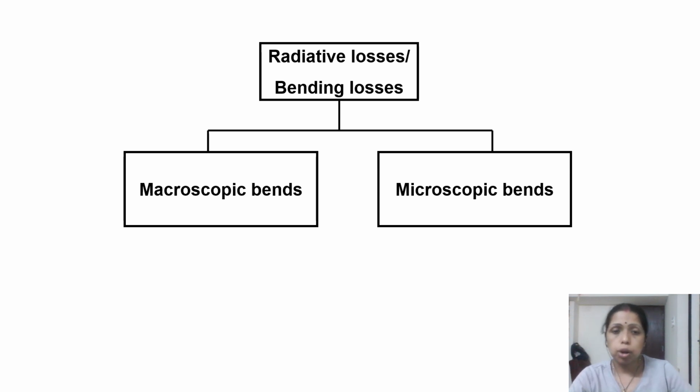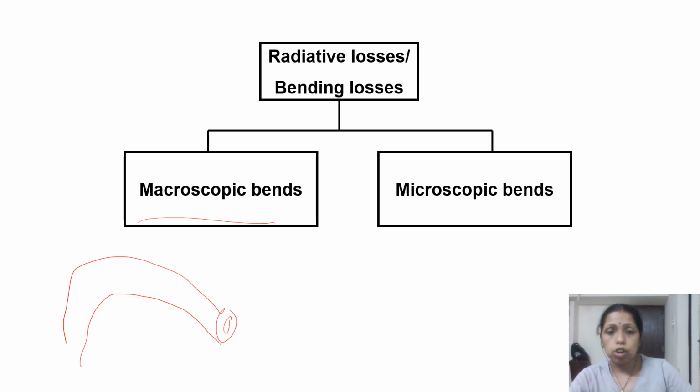Next is the bending loss: macro bending and micro bending loss. Suppose the fiber is bent this way, and the radius of curvature is larger than the radius of the core. That is called macro bending. When the fiber has to be placed inside a fiber pole, some bending loss may happen.